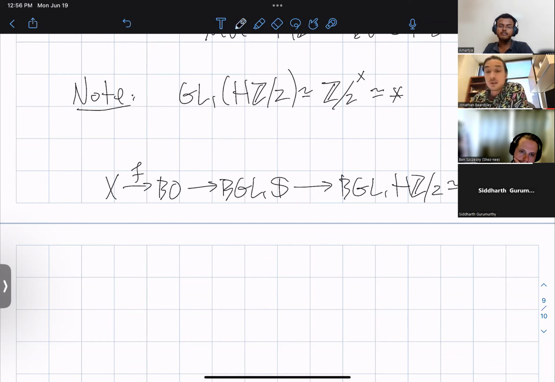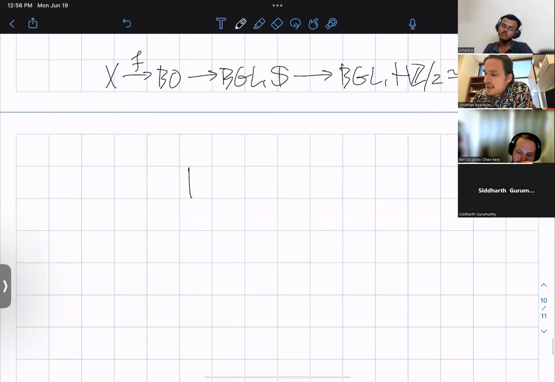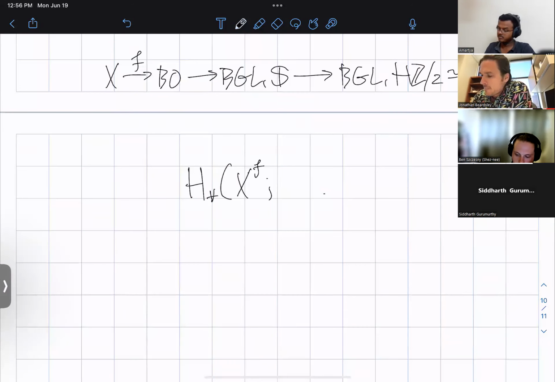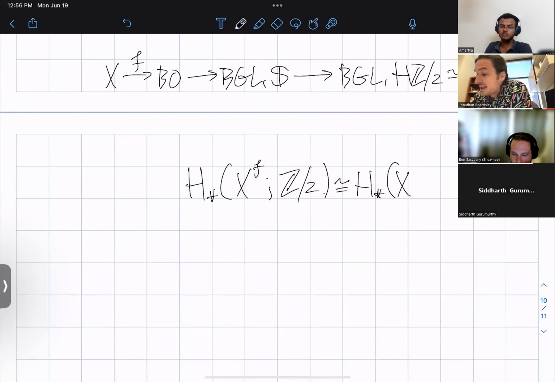So that's always going to be null homotopic, which then tells me that in general, for any vector bundle, the homology with coefficients in Z mod 2 will be isomorphic to the homology of the base space with coefficients in Z mod 2.